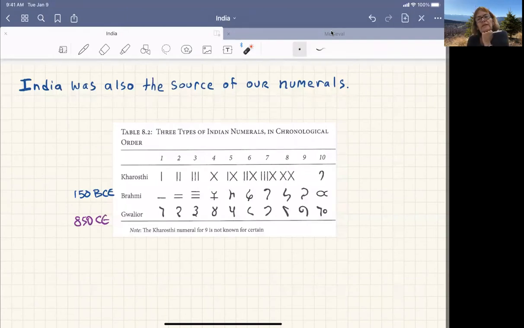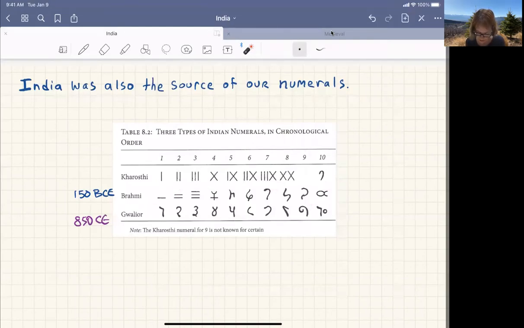Now, another thing that we should note is that India was the original source of the numerals that we use today. If you look very early, like here from 150 BCE, here's what the numbers look like.